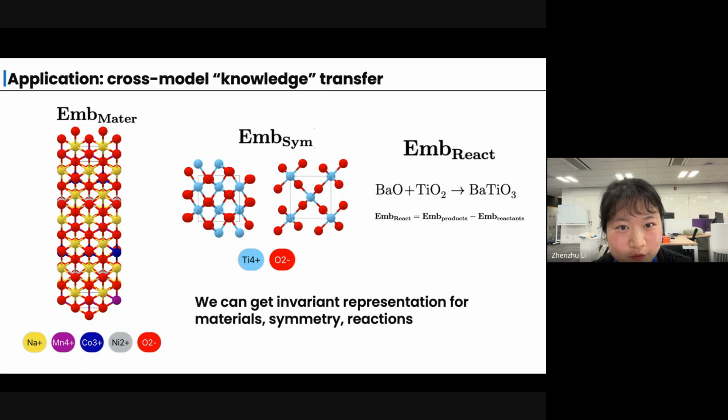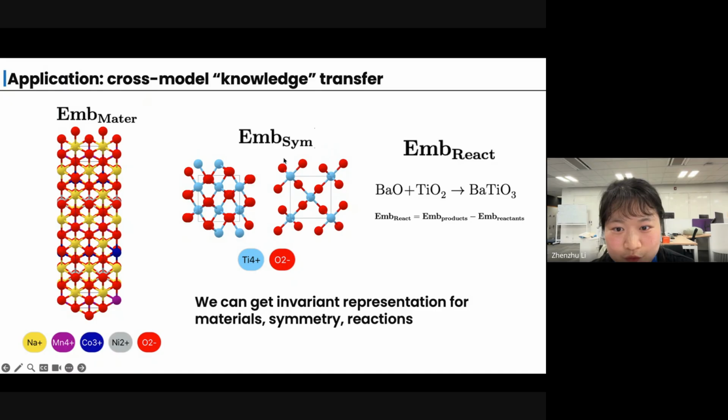So I think I can quickly go to the results, but before that, we can easily get the embedding. We define three different levels of embeddings, so we can easily get the embedding of one material. Here we only use the mean pooling of all the atomic contributions to get the embedding of one material.